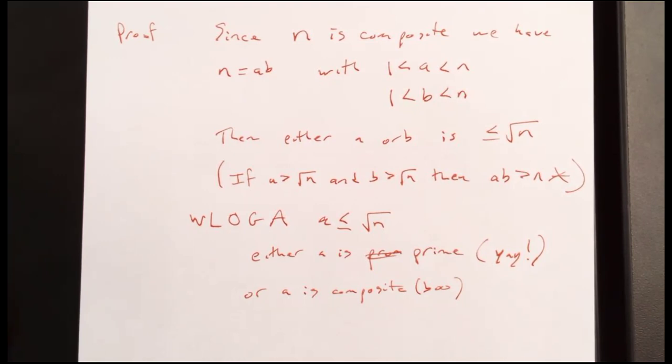Go down even farther. Do it again. What has to happen? Every time I take a square root, I make the number smaller. Eventually, I have to get to a number that's prime. Or I would get to 1, and neither A nor B can be 1.